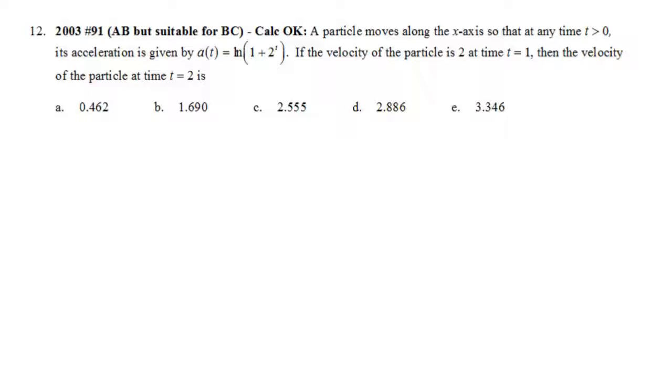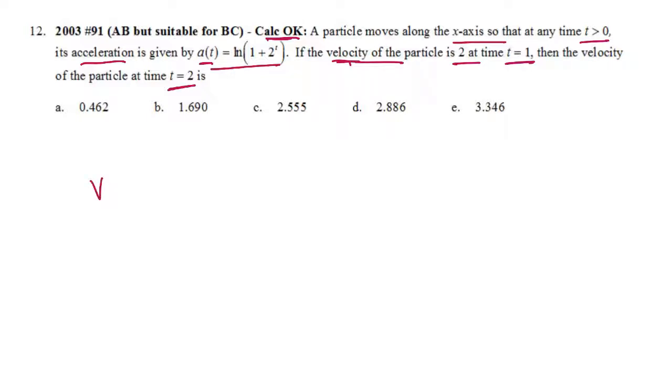Okay, question 12. Again, this is a calculator problem. A particle moves along the x-axis and time greater than 0. Its acceleration is given by this. If the velocity of the particle is 2 at time 1, then the velocity of the particle at time 2 is. So we're talking about velocity given acceleration.